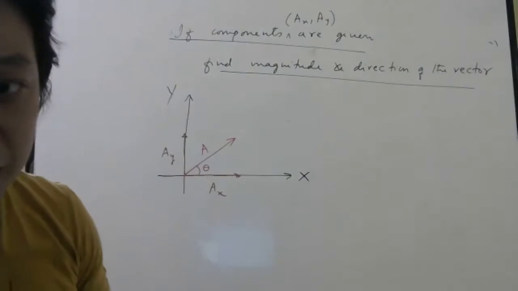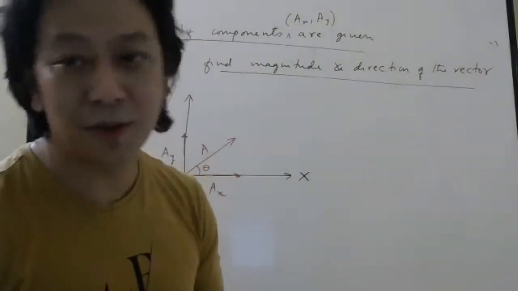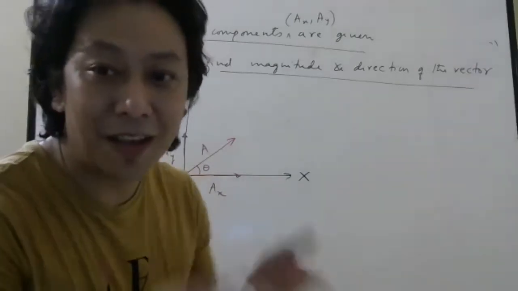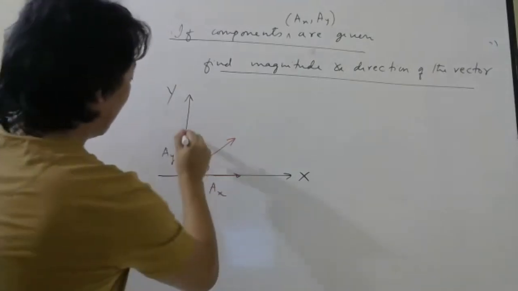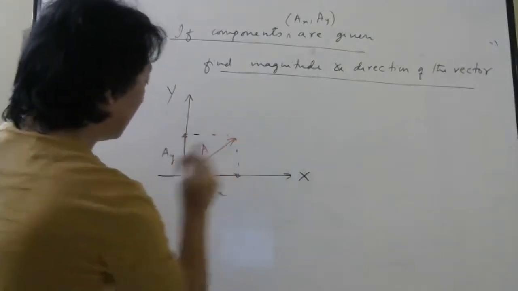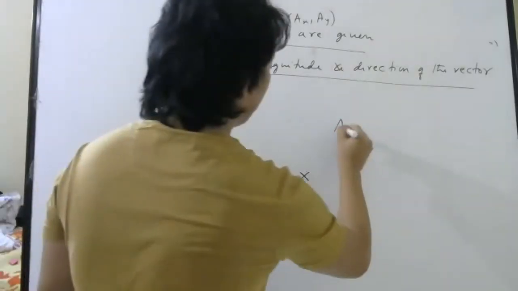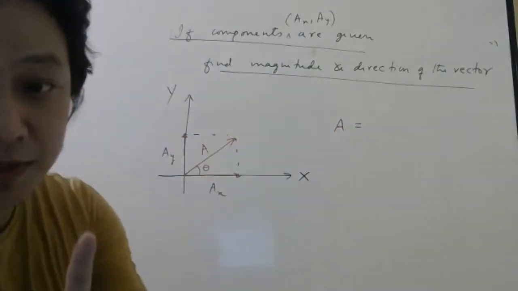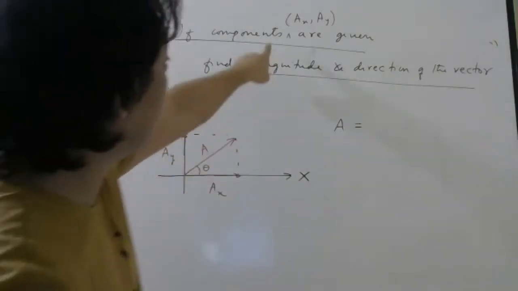This time I am not going to write ax equal to a cos theta, because ax and ay are given to you now. You have to find this a and this theta. Now, can you look at the diagram and tell how to find a in terms of ax and ay only?